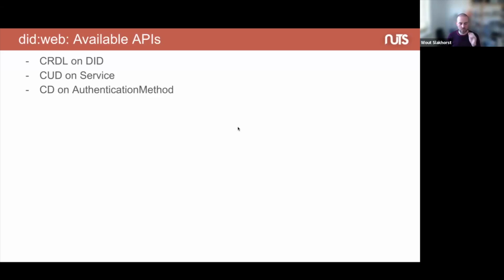As you can see, there are no read APIs on service and authentication method, because you should just use the read method on DID. Actually, I think this is almost outdated, because Ryan implemented a read on the service today or yesterday. But it should all be in the OpenAPI specs and on the documentation side.